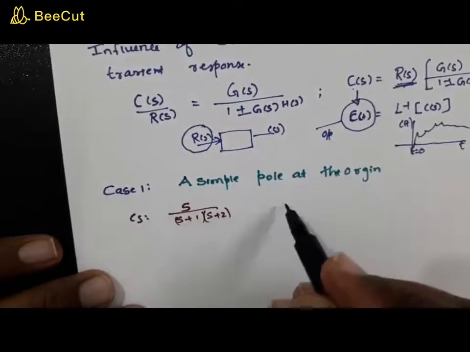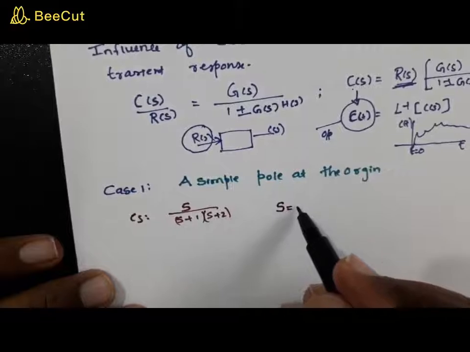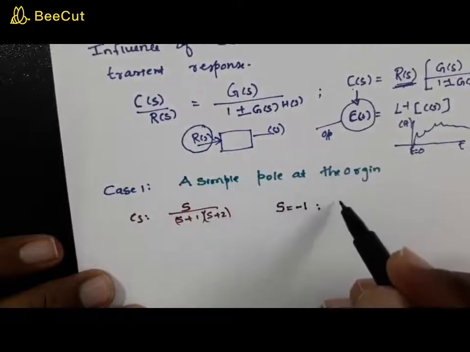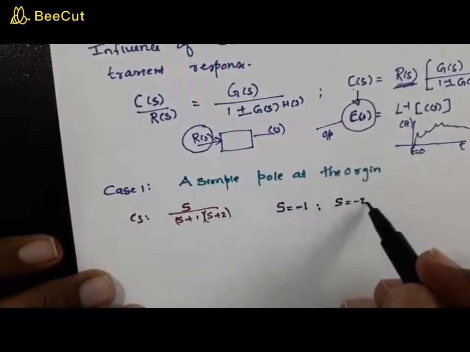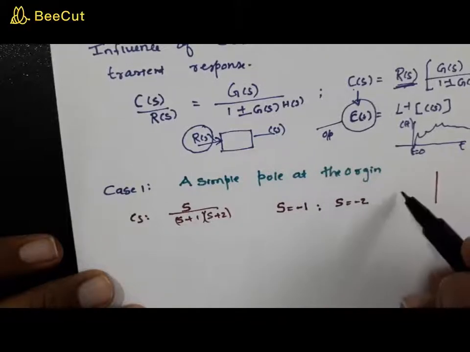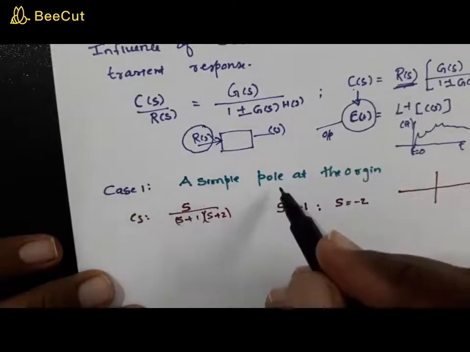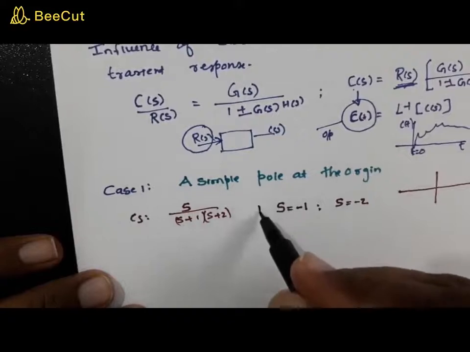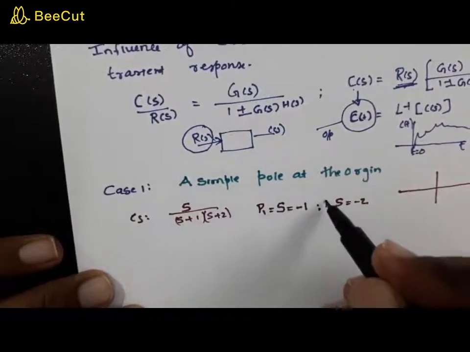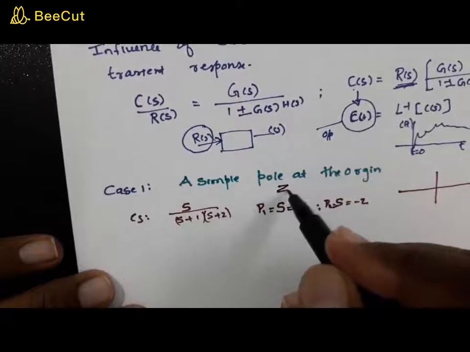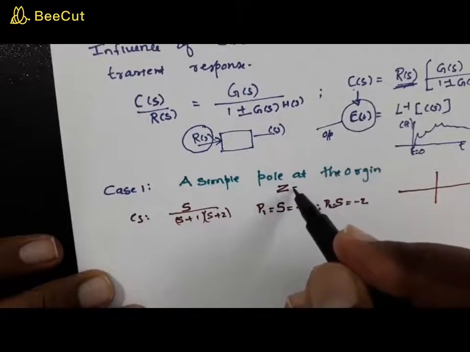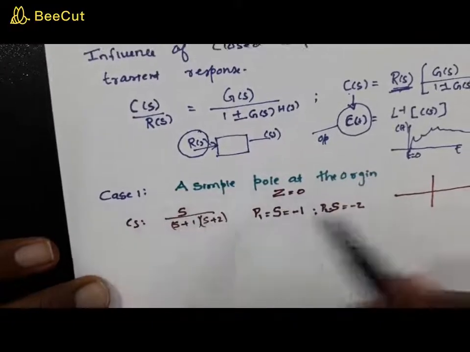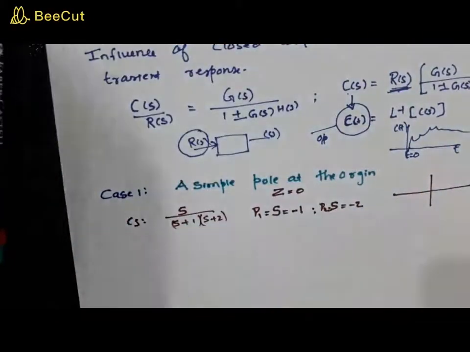When you equate this to 0, you will have two roots, that is, s equal to minus 1 or s equal to minus 2. And we know how to plot the pole-zero plot. These are called p1 and p2, right? And you have a zero at s equal to 0.